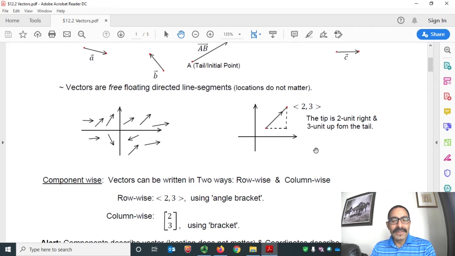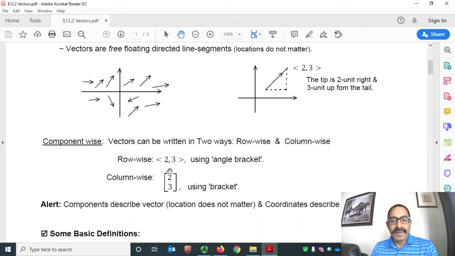Component wise, we can write vectors in 2 ways: row wise and column wise. In row wise, we use angle brackets separated by commas. So one component is 2, another component is 3.